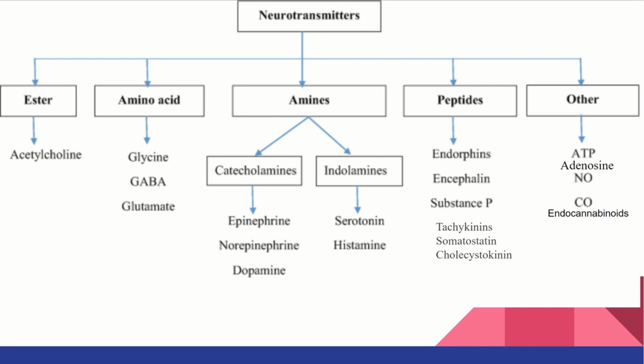And then we get to the others. We have ATP. ATP is found in the central nervous system and in the peripheral nervous system. It is excitatory or inhibitory based on its receptor, and this provokes pain sensation. Adenosine is also found in the central nervous system and in the peripheral nervous system.